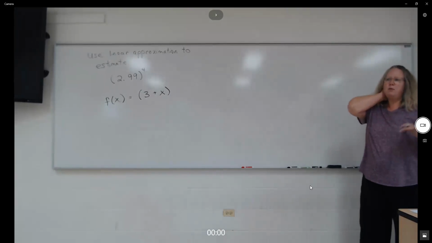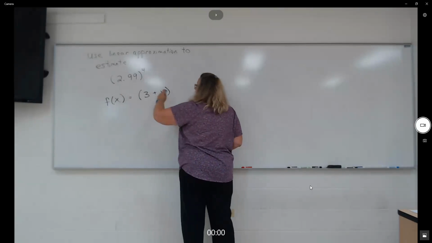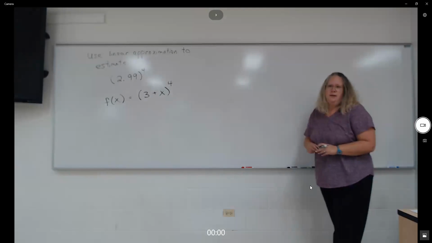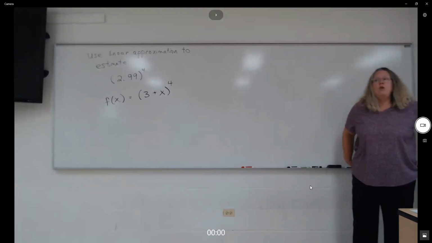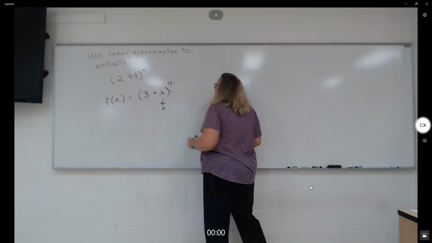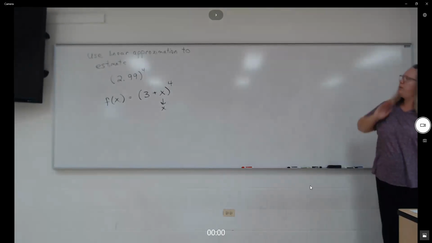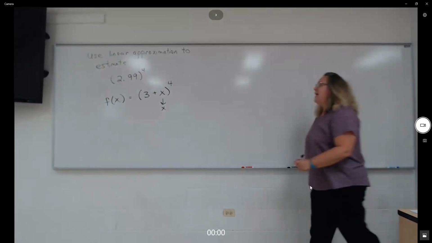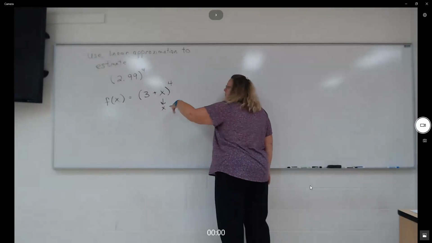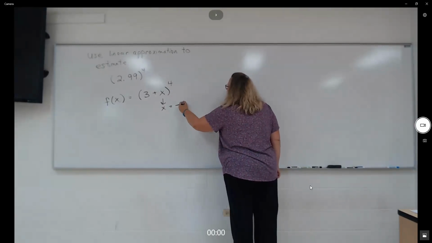But what we're kind of doing here is using 3 instead of 2.99. And don't forget the 4th power. Now, what would x have to be so that we do have 2.99? I kind of like using the plus and making your x negative. So x would have to be negative 0.01.